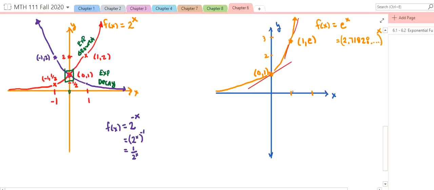So for example, the slope here, where we cross the y-axis, is going to be equal to 1. And the slope here, where we intersect with 1 in the exponent, is going to be e. And there's no other function that does that. That's pretty cool. Most other functions might have one spot where the value of the function equals the slope of the function, but not the exponential function.